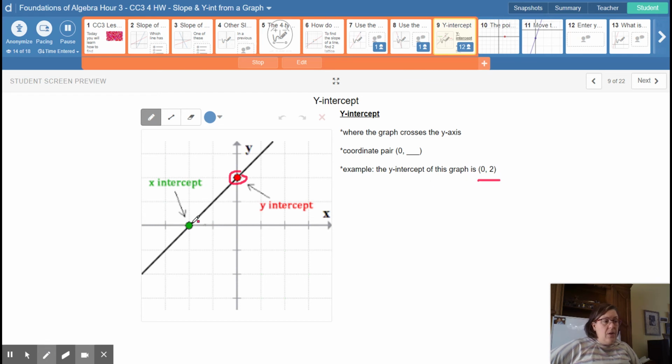Again, you go nowhere side to side, but you go up 2. If my point was down here, then my y-intercept for this one would be 0, negative 3. So the y-intercept is just the point on that y-axis. That's all it is.